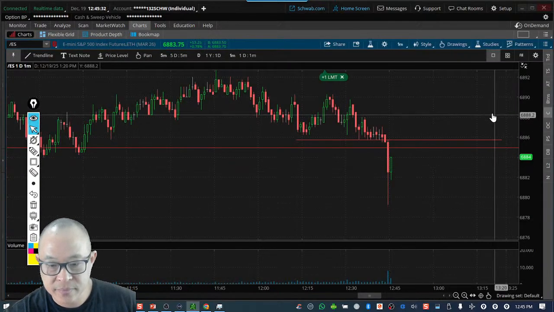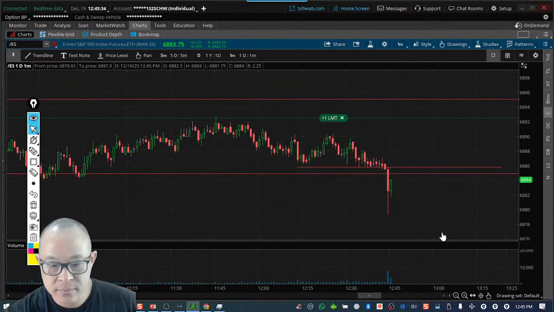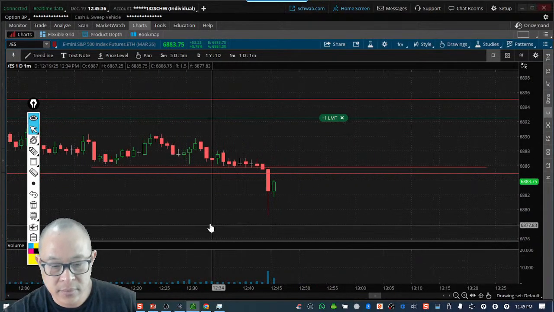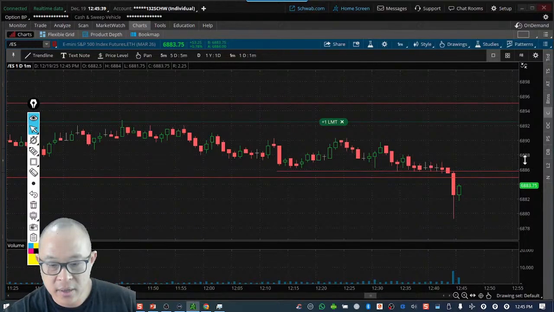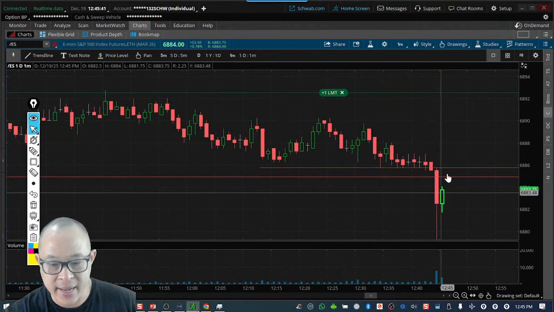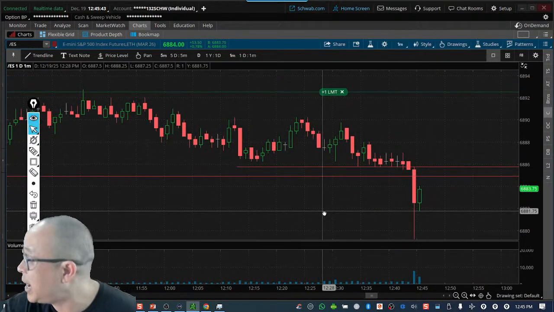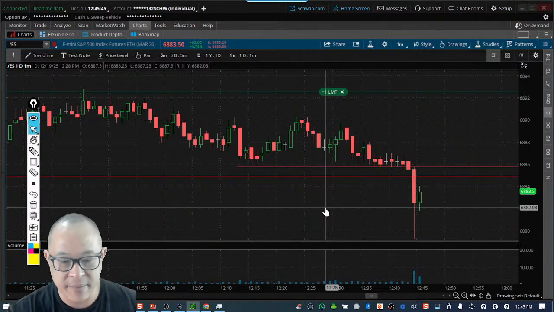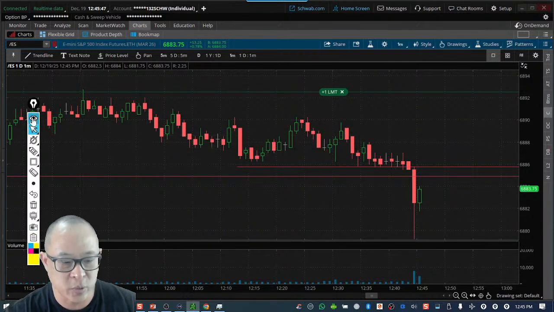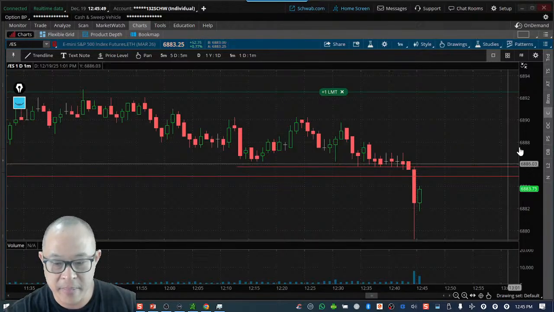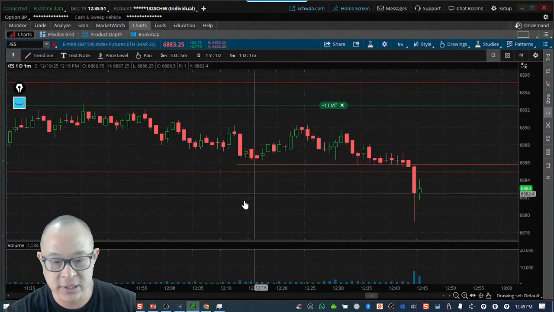Again, we're looking for a bounce. Get back up here, guys. Let's go. We only got 15 minutes, and they might kick me out of this trade because the ES will kick you out early before the market closes.